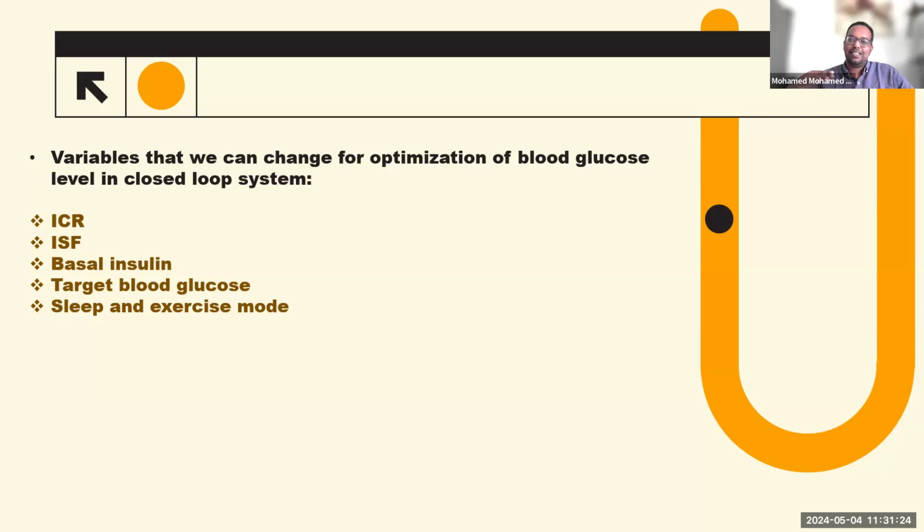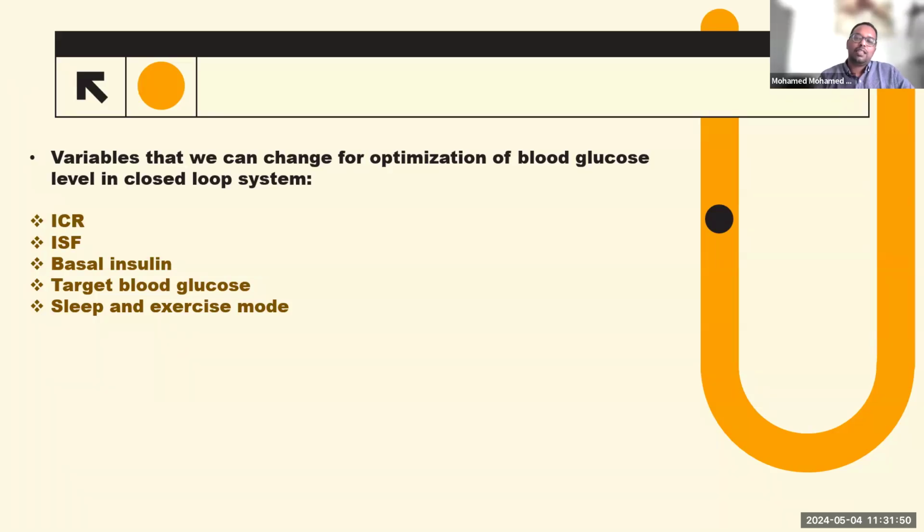So it delivers less insulin. The reason is that while you're exercising, this lower insulin will work just as efficiently as the basal rate. Once you finish exercising, you go back into the normal mode. This is the exercise mode. It reduces the basal rate by 20% because you are more sensitive to insulin when you are exercising.